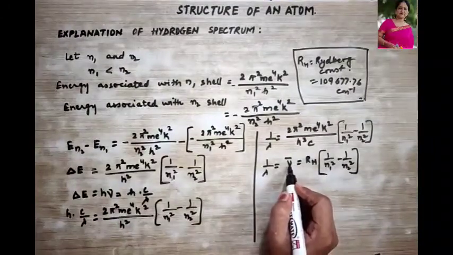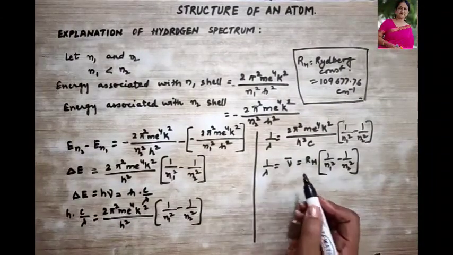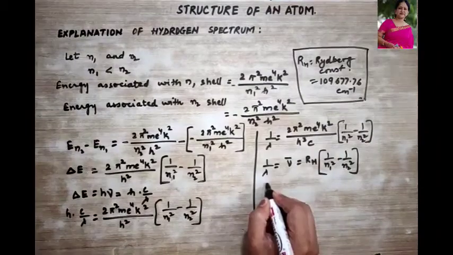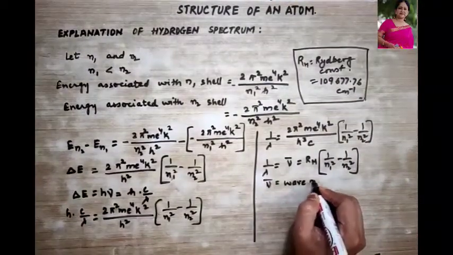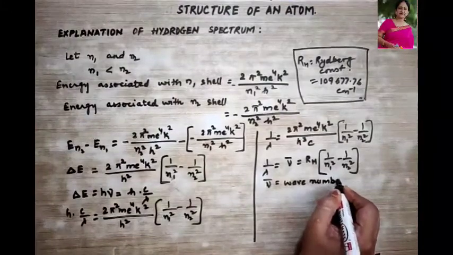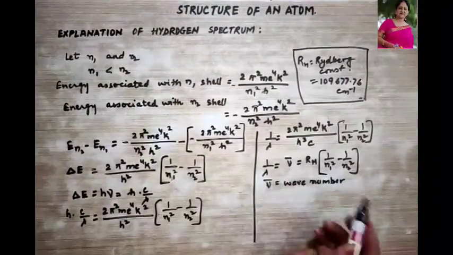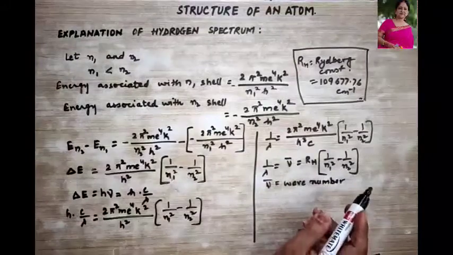Now this is also termed as wave number, which is written with a vector sign or a dash on top.